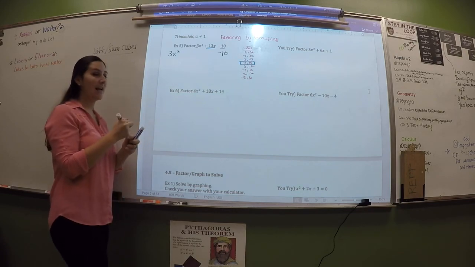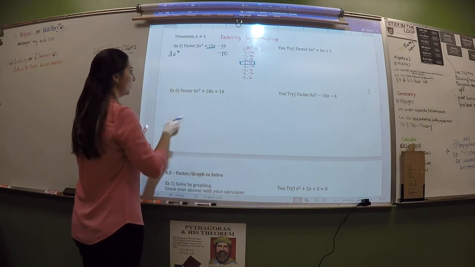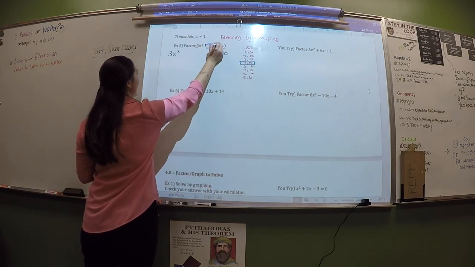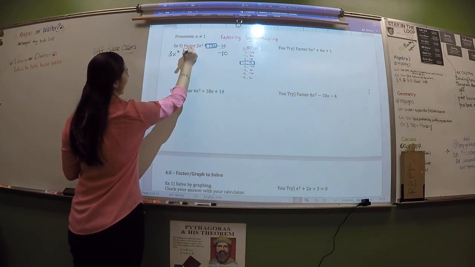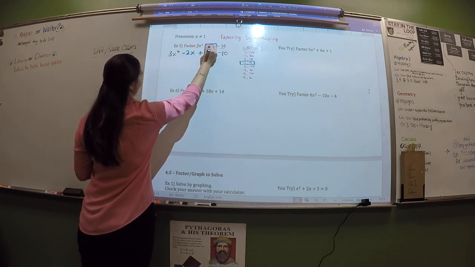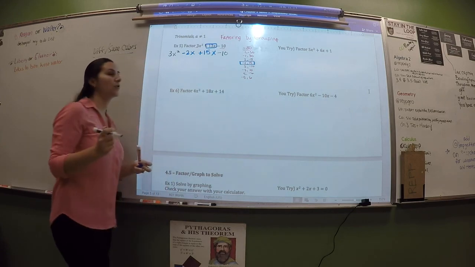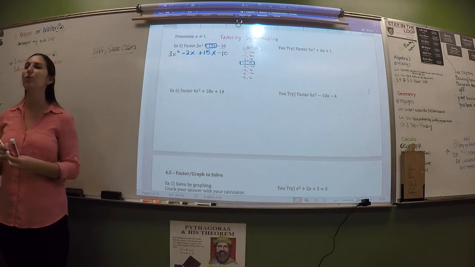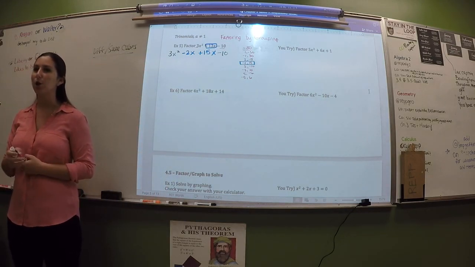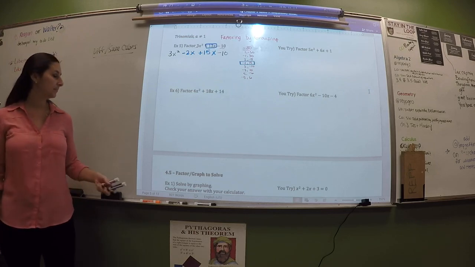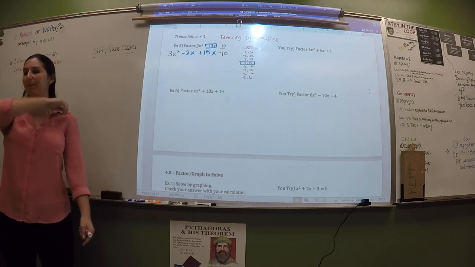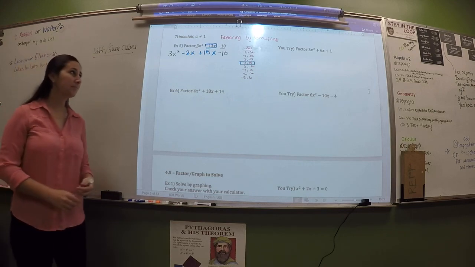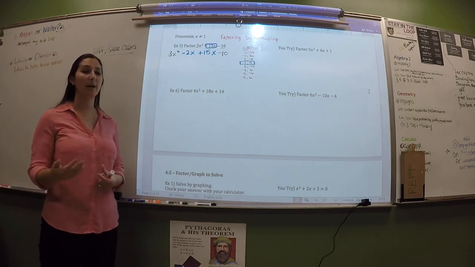You keep the first and the last term. In the middle, you are going to rewrite this as those 2 instead. So negative 2x and 15x. You're splitting up 13x into 2 linear terms instead of 1. The purpose of this is to factor by grouping.